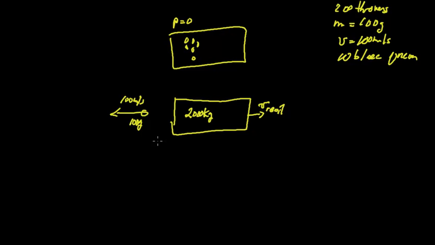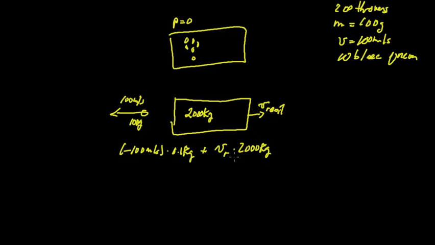So if we do conservation of momentum, the momentum of this system now is negative 100 meters per second times 0.1 kilograms. It's negative because we have to take into account direction, and so left is negative. And then we add the recoil speed times the 2,000 kilograms.